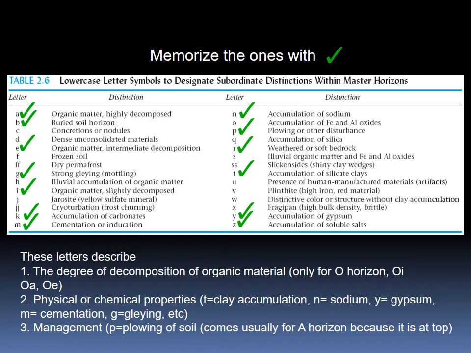Whereas if you look at OE and go into the table and look for E, you would find that E means organic matter intermediate decomposition. So this is an O horizon with intermediate decomposition. That's why I, A, and E only come with the O horizon, and they describe the decomposition rate of the organic material at that O horizon.